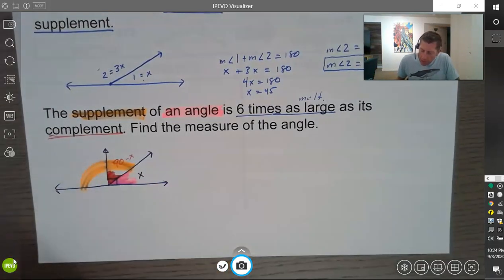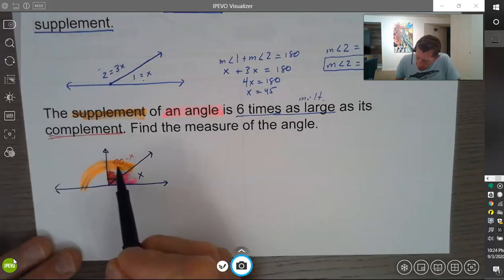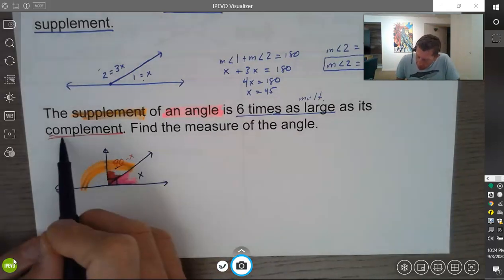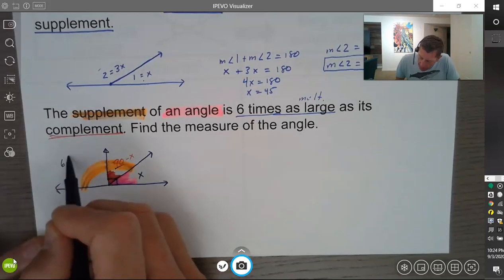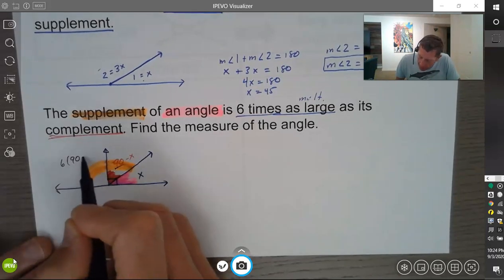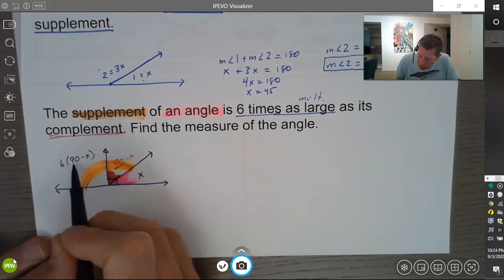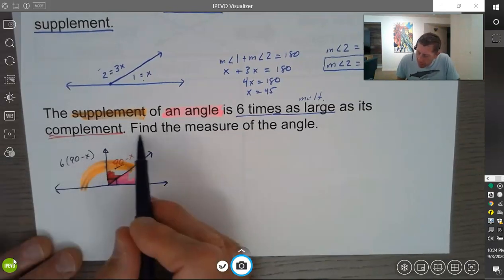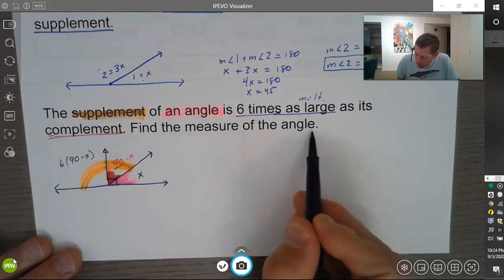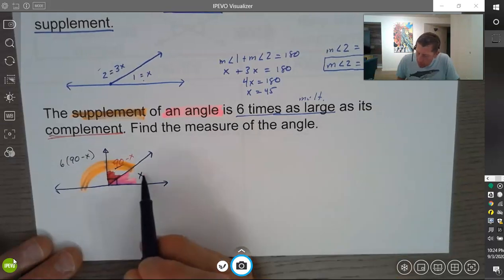And that is going to be 6 times as large as its complement. So if this is the complement, 90 minus x, right, because complement is red, we have 6 times 90 minus x. 6 times as large as the complement. Now we're trying to find the measure of the angle. And the angle is x.